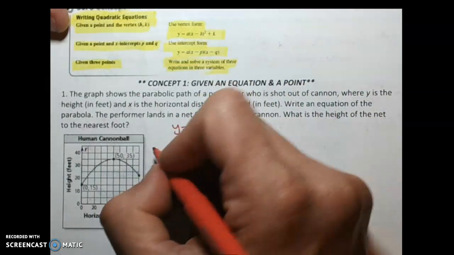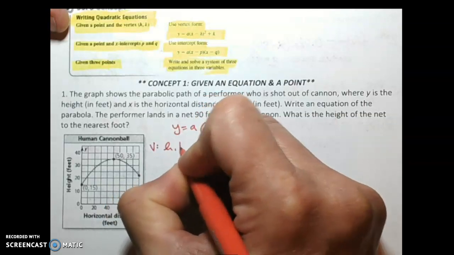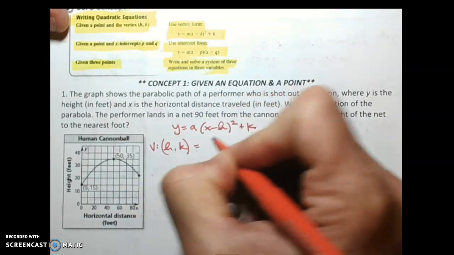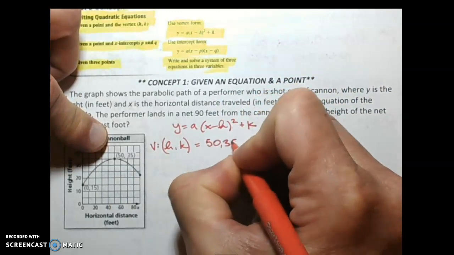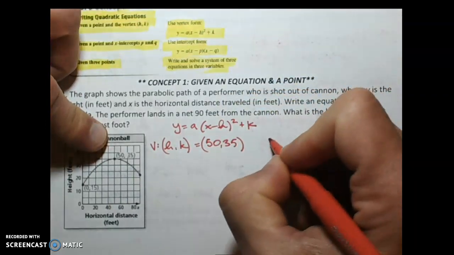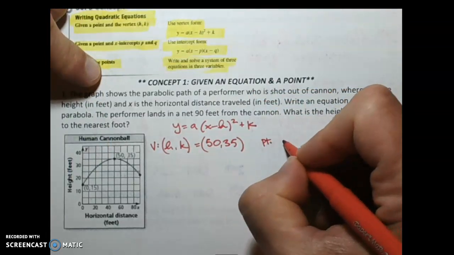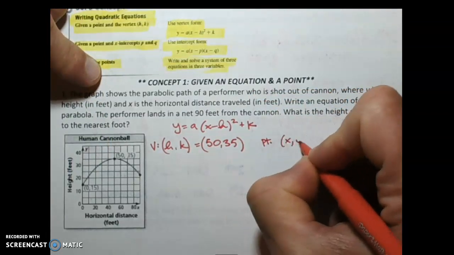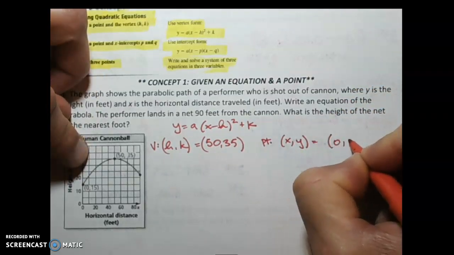Okay, and my vertex is (h, k), which in this case is (50, 35). And my point is just an (x, y), and that is, in this case, (0, 15).